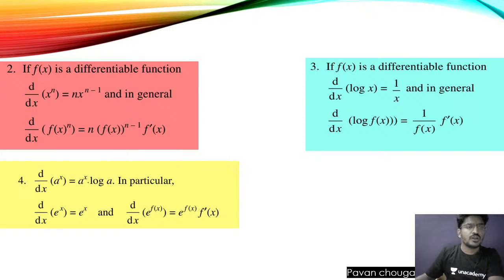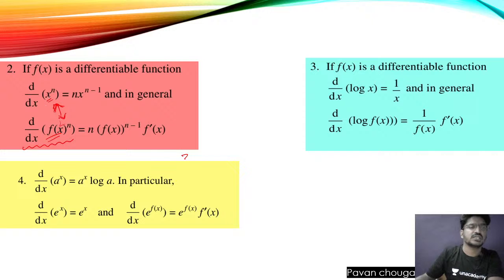I will go for d by dx of f of x to the power of n. See this, both are same. Here x is variable, here f of x is function. X is variable, f of x is function, a function in the variable x.